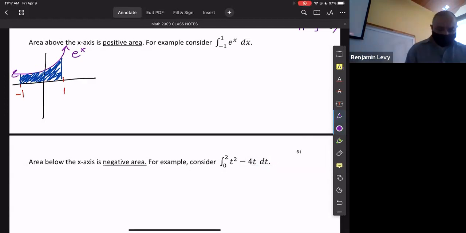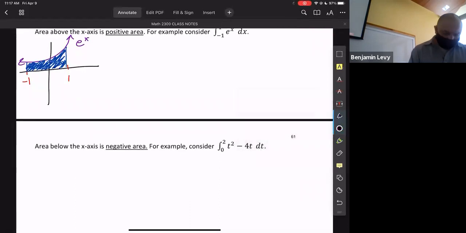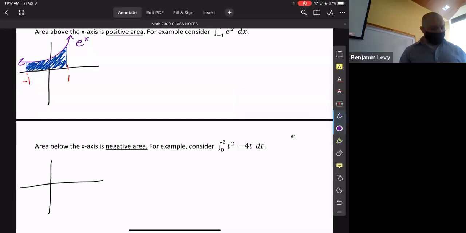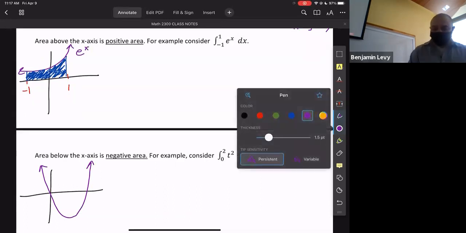Let me just draw the other picture while we're in a drawing mood. The other picture, t squared minus 4t, I also graphed this one ahead of time, and it looks like this. I remind myself it's like an x squared thing, right? You can see the numbers on the bounds here are 0 to 2.